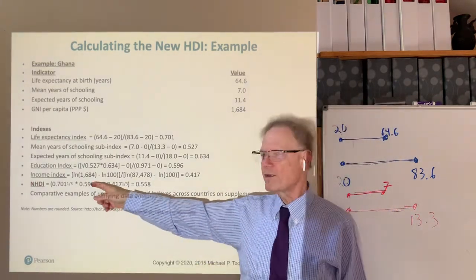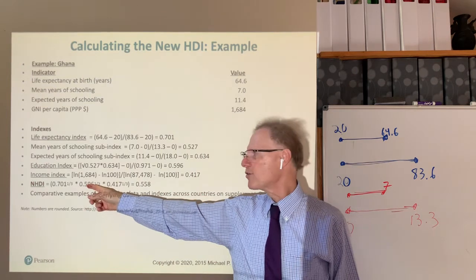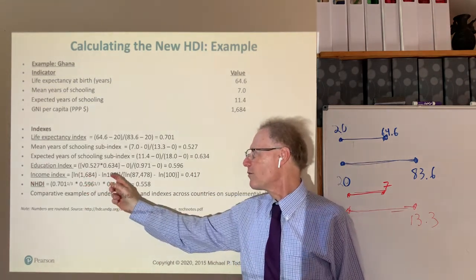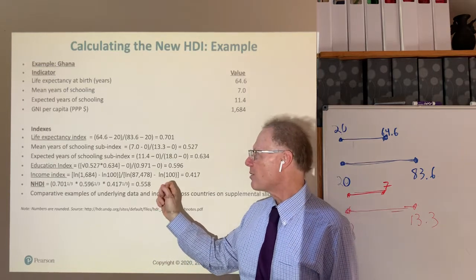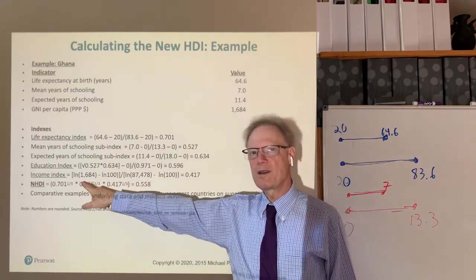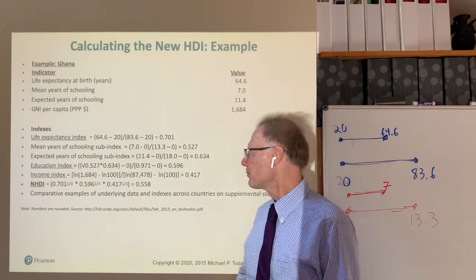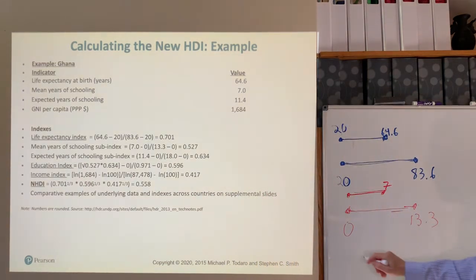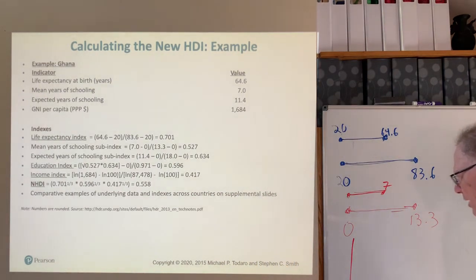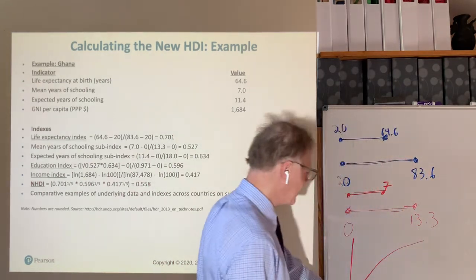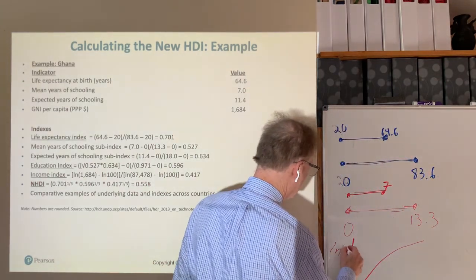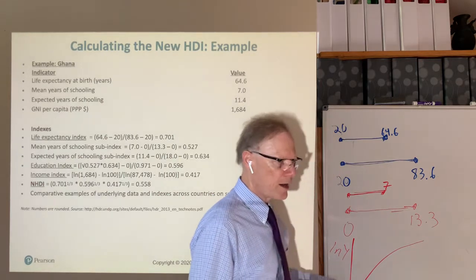But notice that in order to allow for diminishing marginal utility, in each of these cases, one doesn't just use the numbers, but rather one uses the natural log of income. So that with the natural log of income, we have a way of representing diminishing marginal utility, in which income is given here on the x-axis, but the natural log of income is given on the y-axis.